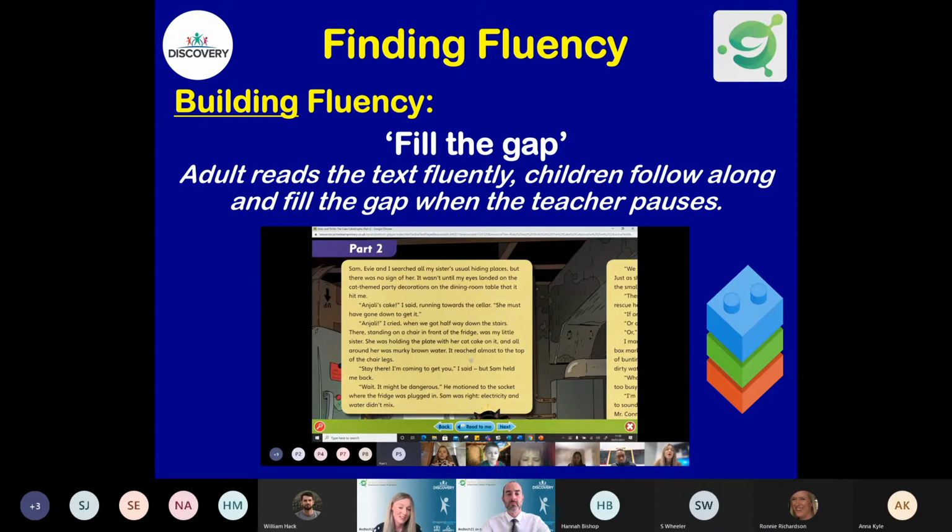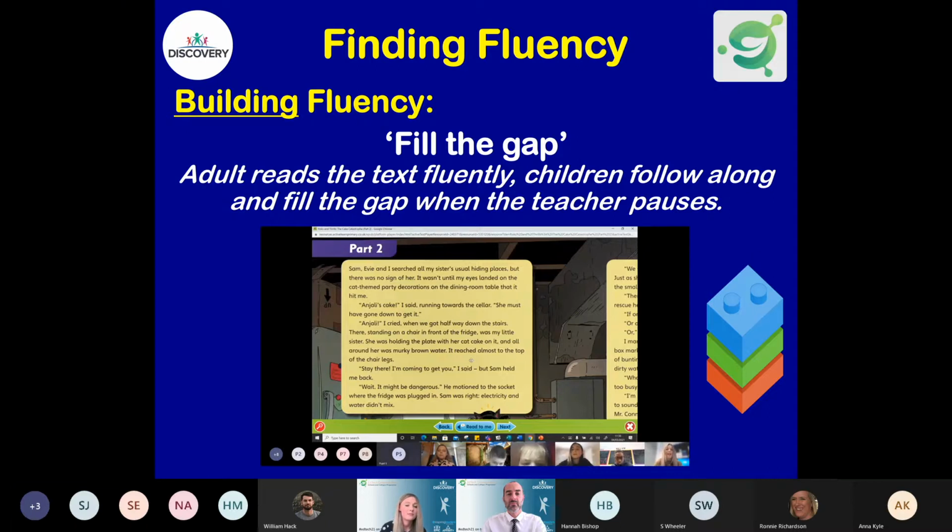Sam, Evie and I, all my sisters, but there was no sign of her. It wasn't until my eyes landed on the cat theme party on the dining room table that it hit me. Anthony's cake! I said, running towards the... She must have gone down to get it. Angeli! I cried when we got halfway down the stairs. There, standing on a chair in front of the fridge, was my little sister.